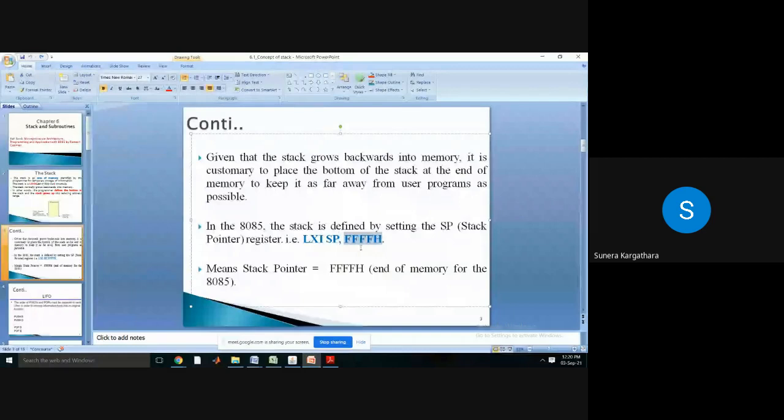Am I communicating, student? So whenever you are using your stack, the very first and basic requirement is that you need to load your stack pointer. How will you load your stack pointer? Obviously with LXI. Why can we not use MVI?